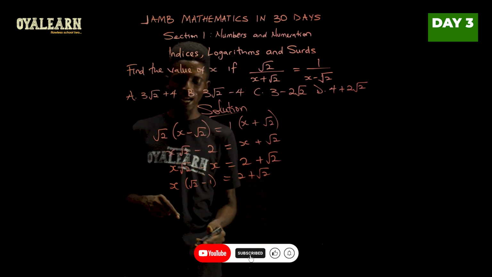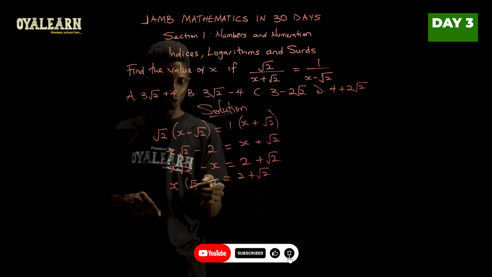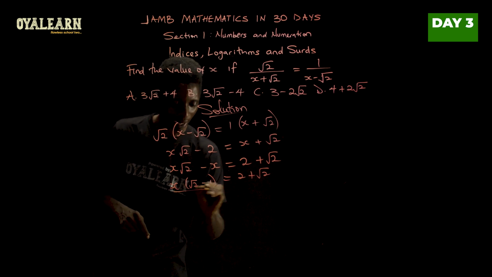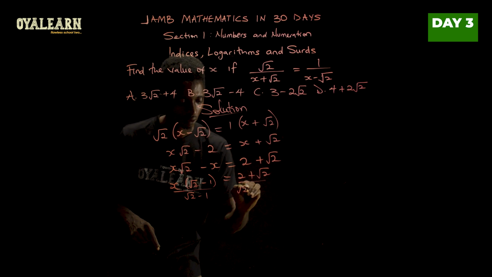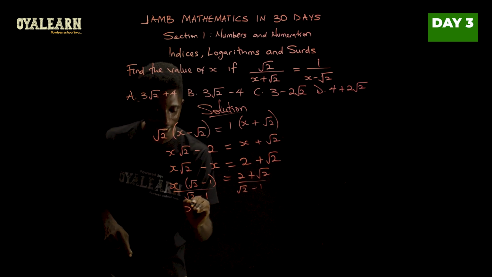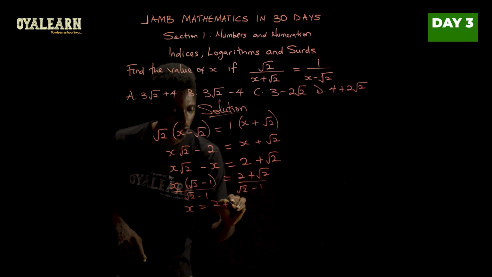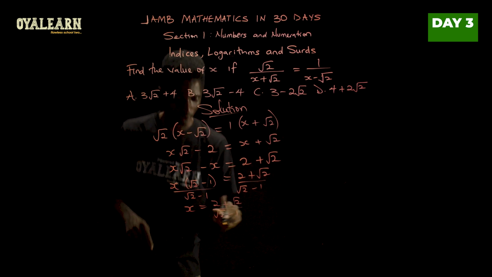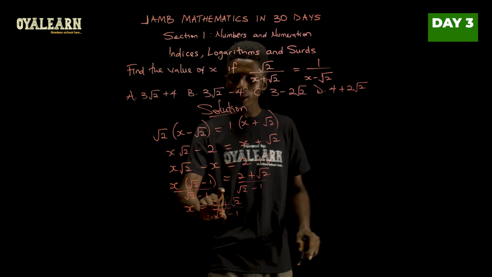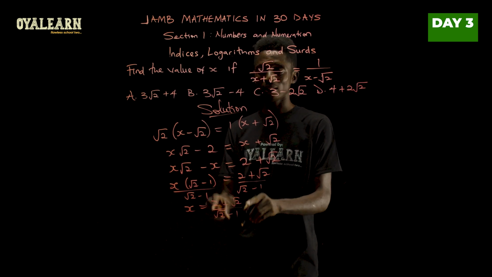Now, dividing both sides by surd 2 minus 1, we're going to find that x equals 2 plus surd 2 over surd 2 minus 1. Now, remember you cannot leave your answer in surds in this form.